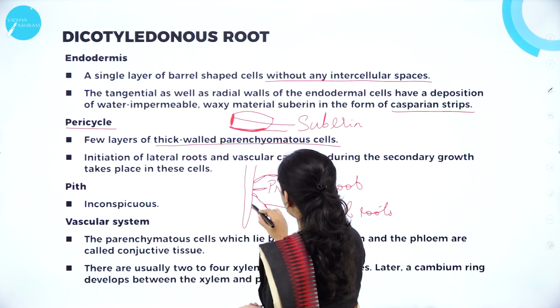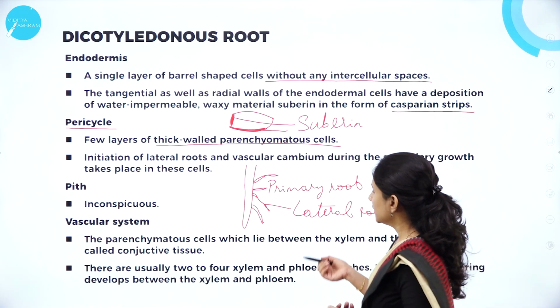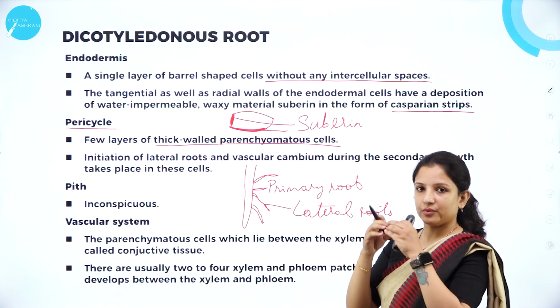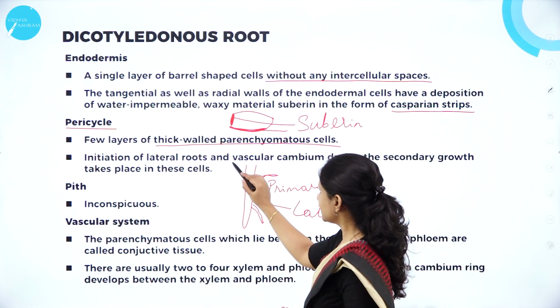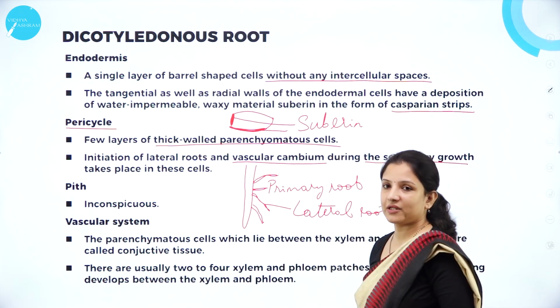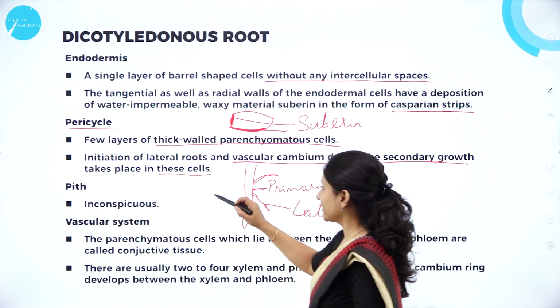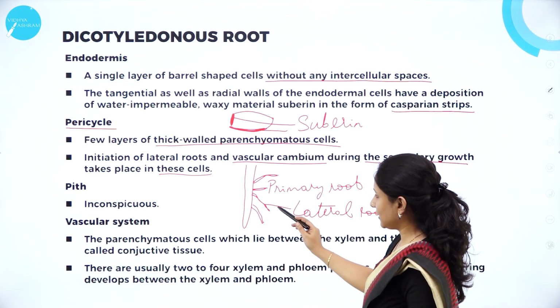So the primary root we call the mother root, and the lateral roots we call the secondary roots. The initiation or development of the lateral roots, as well as the vascular cambium during secondary growth, takes place in these cells. From the main root, the secondary growths are the lateral roots.